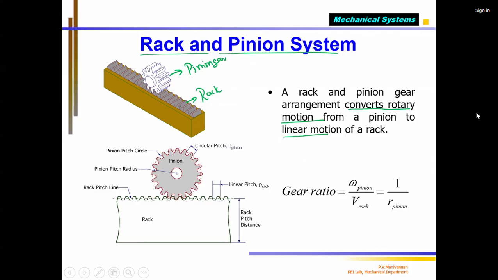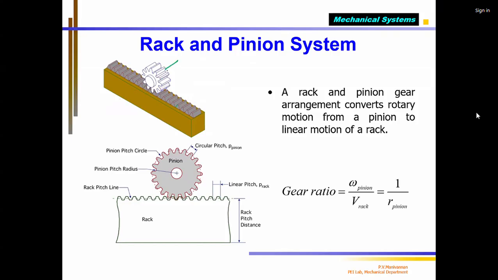The rack also has gear teeth. Think of a gear that I cut somewhere and stretched out linearly; the rack is nothing but a gear cut and stretched linearly, with the same gear profile. The other one is the pinion gear.